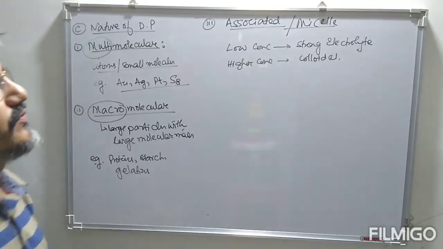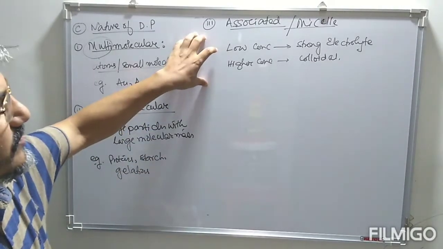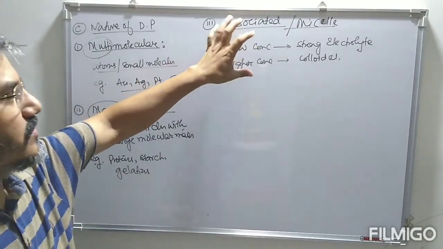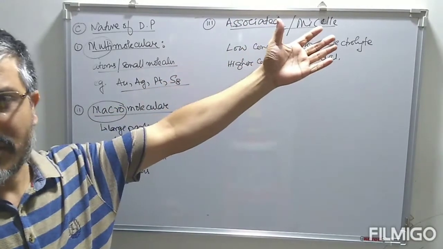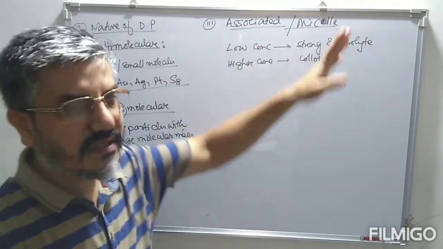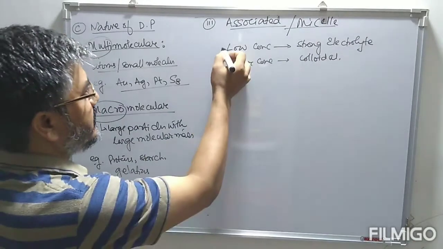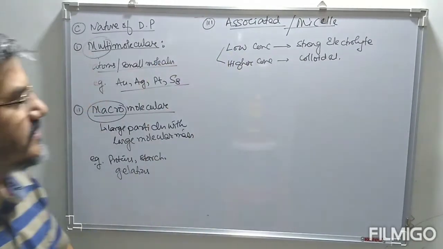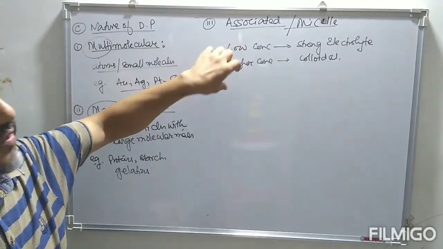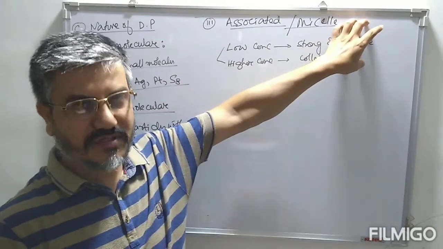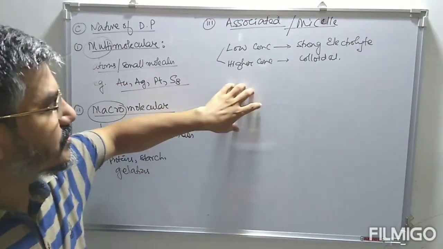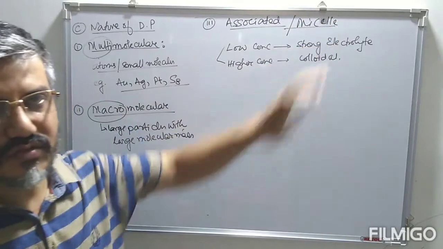These types of colloidal solutions formed by these particular substances are known as associated colloidal solutions, or simply we say micelles. The substance is the same, but we are changing the concentration. At low concentration, normally strong electrolyte, but at a higher concentration, they form colloidal solution.